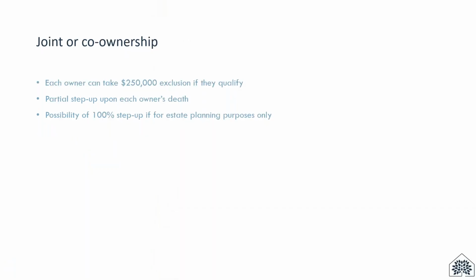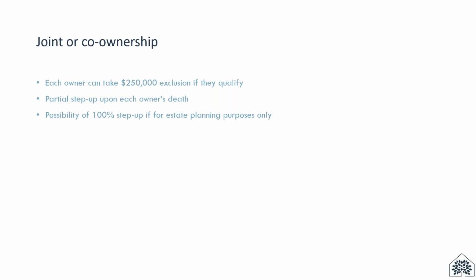And finally, what about joint or co-ownership? Each owner can take a $250,000 Section 121 exclusion if they both qualify. Again, they have to own the property and live there for at least 2 out of the previous 5 years, and you don't have to both have lived there at the same time.